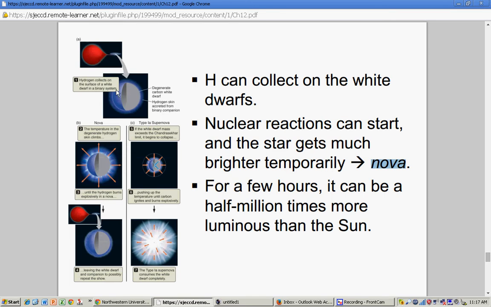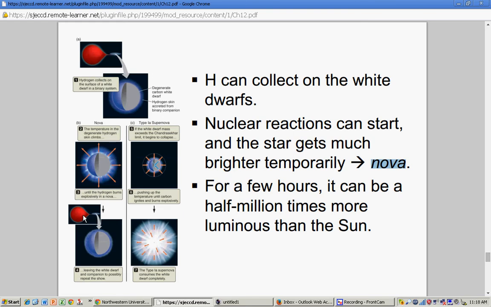Well, first the hydrogen, because most of the gas is hydrogen, gets compacted around this carbon core, and eventually that goes into a flash, and then you have this sudden increase in brightness, several orders of magnitude above the level of the original star, and as a result we see this nova going on, this flash going on.